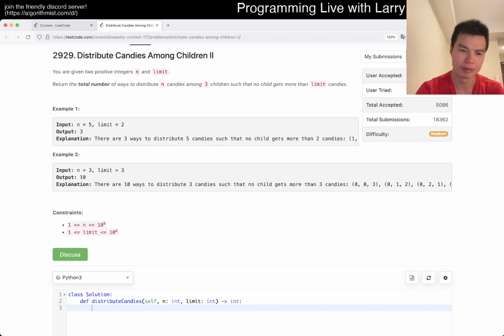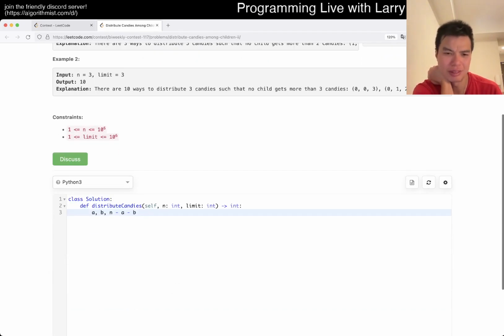So we have A, you have B, and then you have N minus A minus B. How do I get a limit from that?